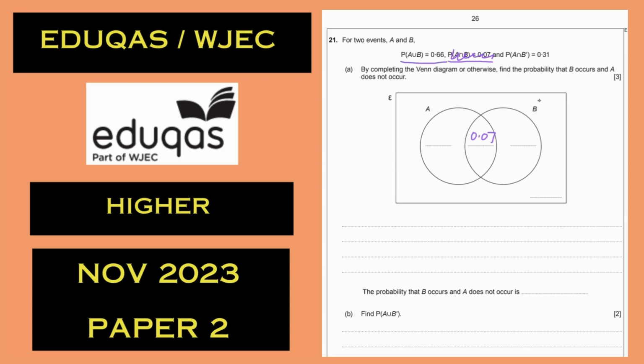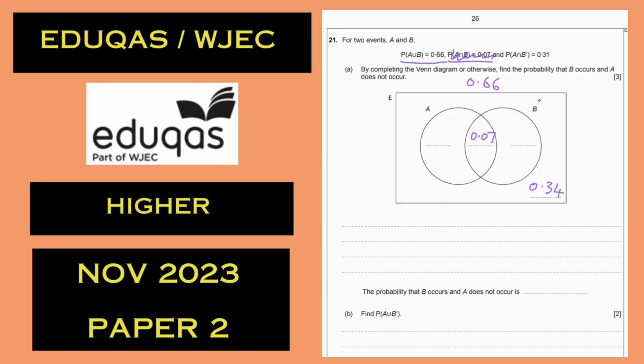The probability of A and B together, all of it, is 0.66, which means the outside of it is 0.34. That's the first bit that tells you 2 of the sections.